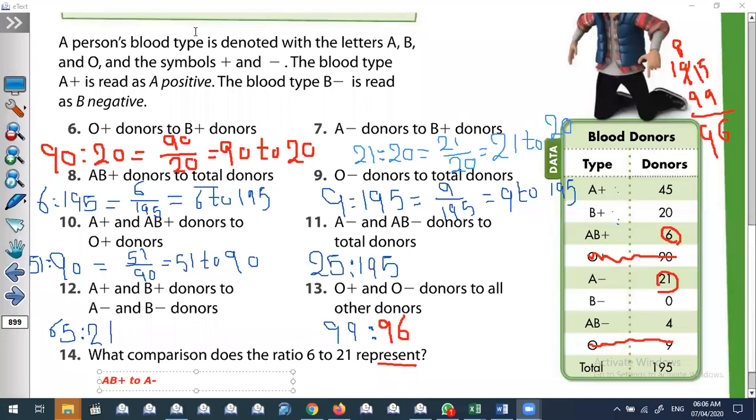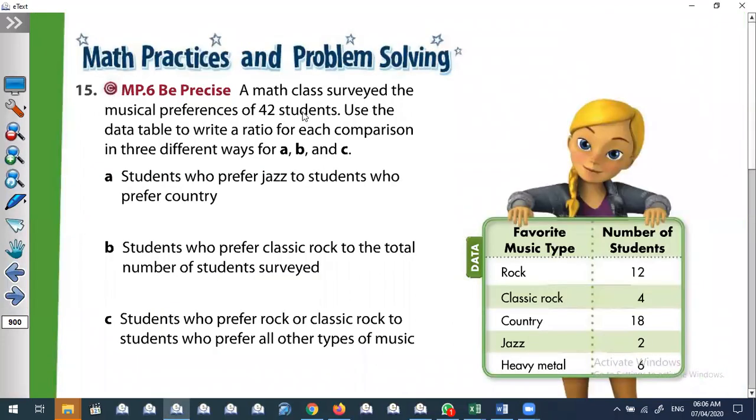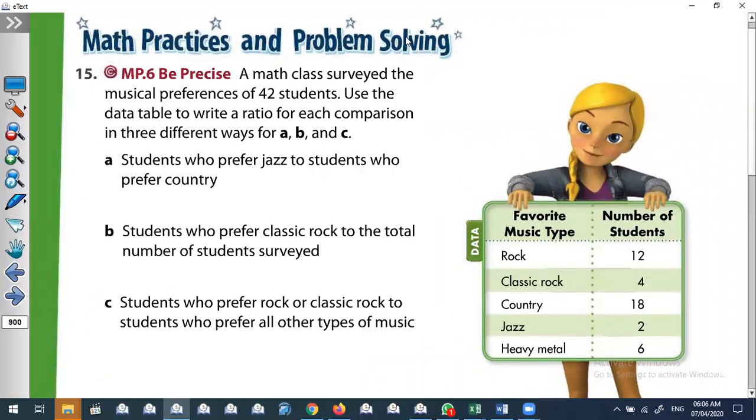The next exercise. Here, a math class surveyed 42 students about a musical performance. The total, this is the total, don't forget. Use the data table to write the ratio of comparison in 3 different ways also.